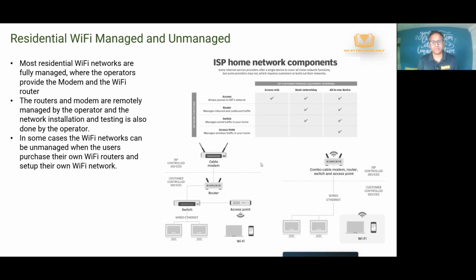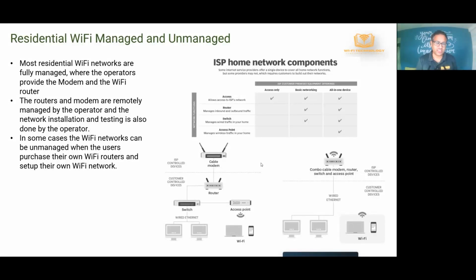That is one model. The other model is where the operator will bring the ONT or the fiber connection and the modem to your house, and then you would connect your own Wi-Fi router to it. Many of us have our own Wi-Fi routers because we may not like the routers that are provided by the operator. So we can set up our own Wi-Fi router, in which case we will have to configure it ourselves.